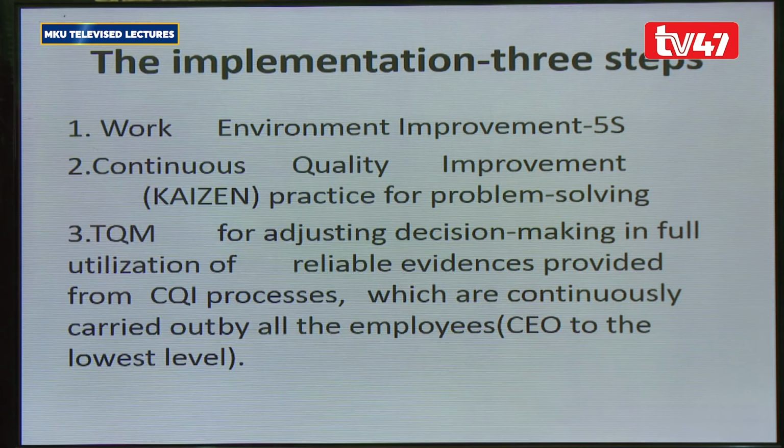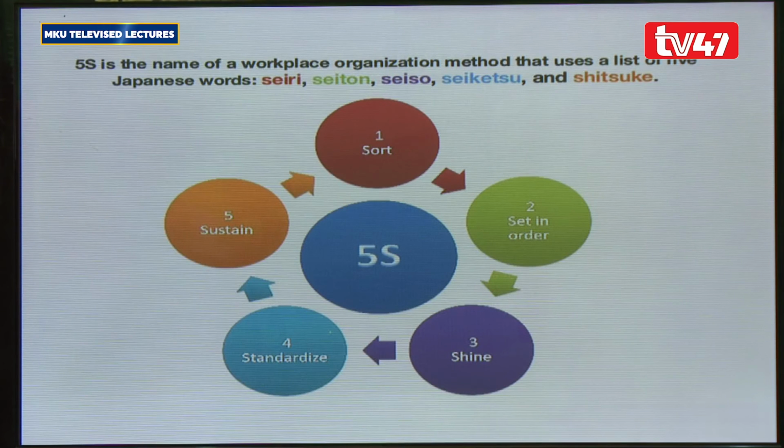The second is the Kaizen philosophy, and the third one is total quality management. Now, the 5S stand for sort, set, shine, standardize, and sustain. It means that you sort, you improve your work environment to help people work better.